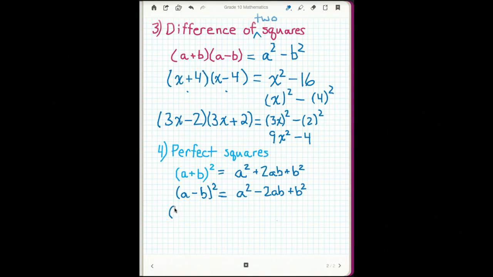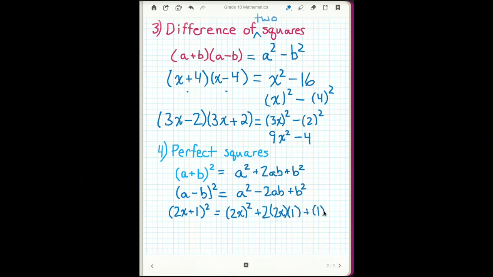Okay, how can you use this? Let's look at something like this: 2x plus 1, squared. In my pattern, I take the first term and square it. Well, that's 2x. So let's square 2x. It's adding, so I'm going to use the first pattern. Plus 2 times the first term, which is 2x, times the second term, which is 1, and then take the second term and square it.